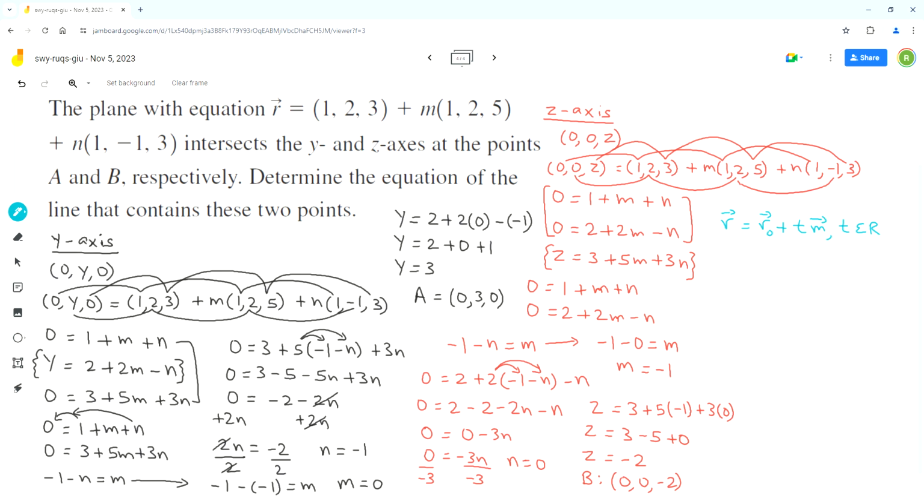Vector r naught represents the position vector of a known point that lies on the line. t is a parameter and it can be any real number, and m is the direction vector of the line. For position vector r naught, we can use any known point that lies on this line. I will use point A.